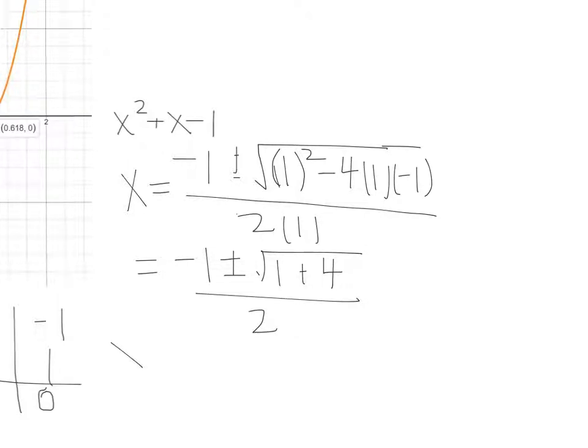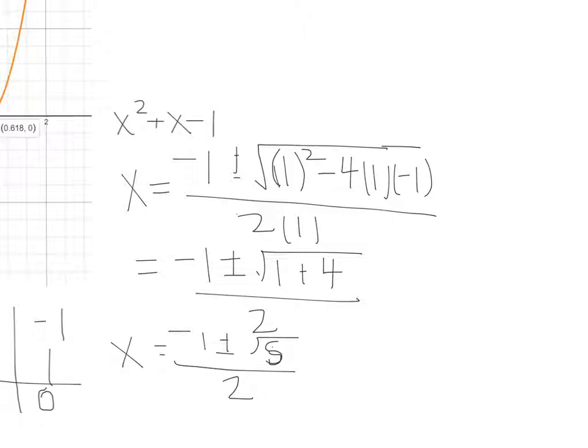So our last 2 zeros are going to be negative 1 plus or minus the square root of 5 all over 2. And if I were to use a calculator to get the decimal answer, I would end up with the same decimals on my graph, negative 1.618 and 0.618. But we really don't like writing decimal answers.